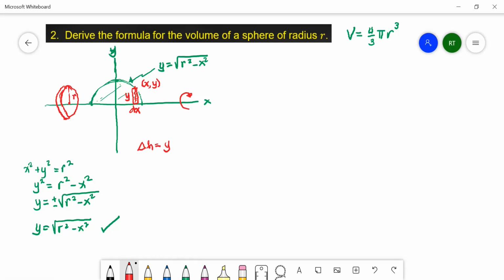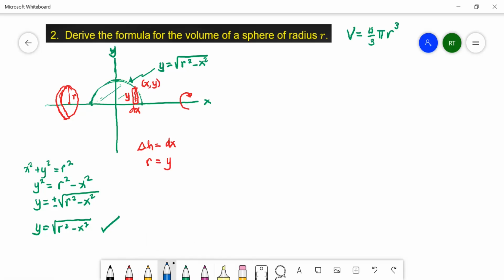It is equal to the length of the element. So the thickness is delta x, or the differential of x, and the radius r is equal to the length of the element, which is equal to y.